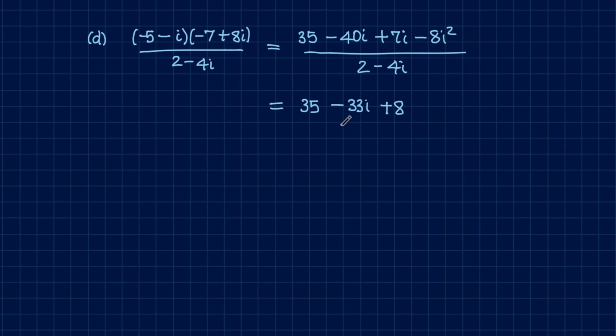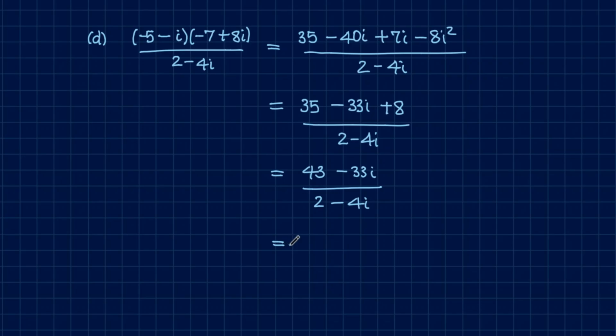And 1 times 8 is 8, over 2 minus 4i. Now from here, we can add this together, 35 and 8, to bring for us 43. So 43 minus 33i divided by 2 minus 4i.